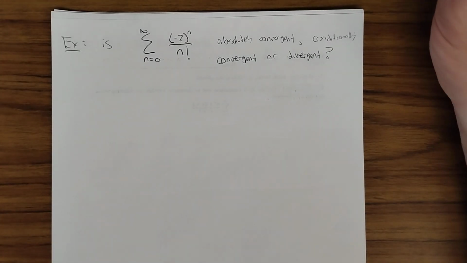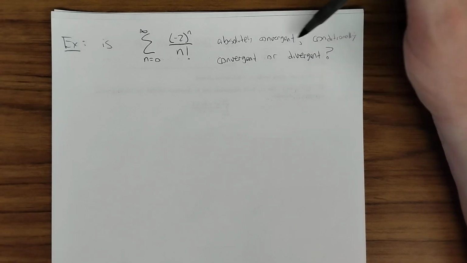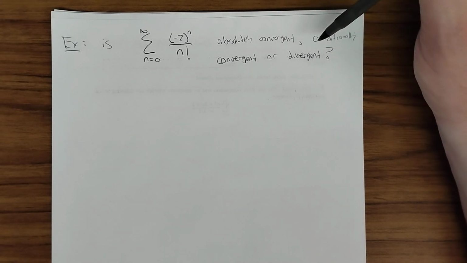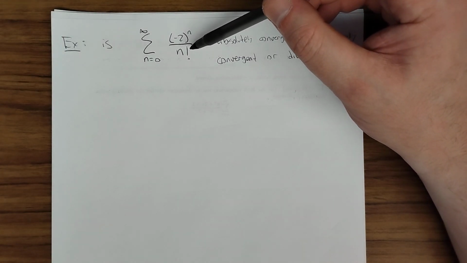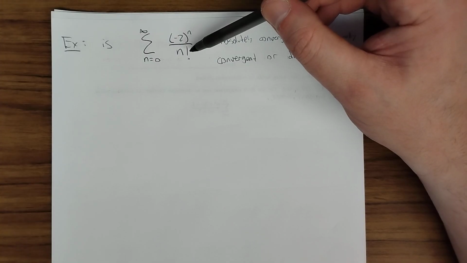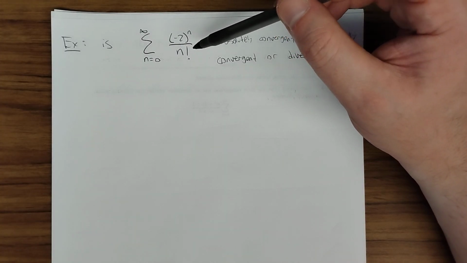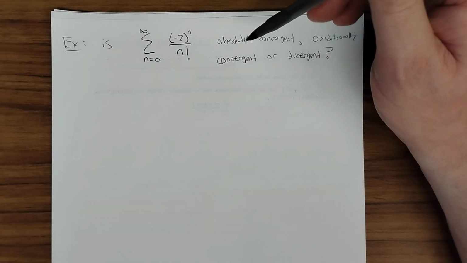Okay. Let's do another one. So on this one, we will be asked whether a series is absolutely convergent, conditionally convergent, or divergent. And this is going to bring back something that we barely talked about, but we did talk about it recently. N factorial.